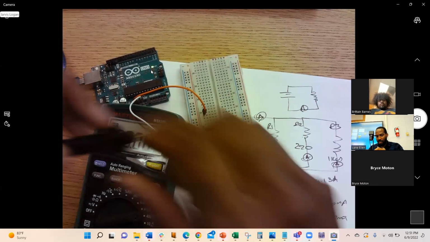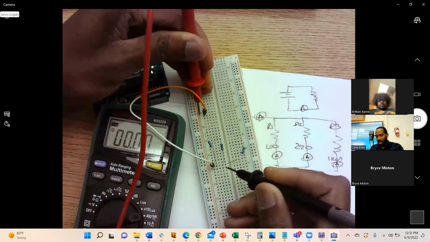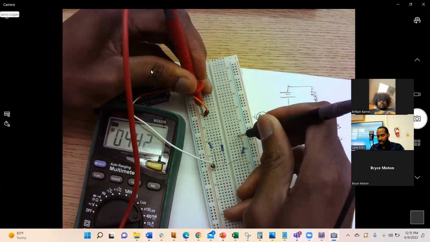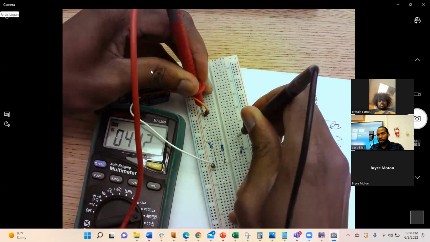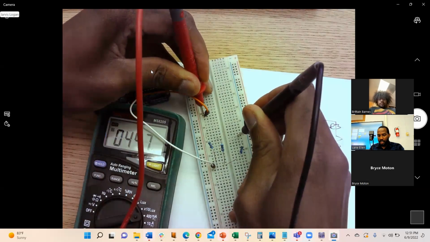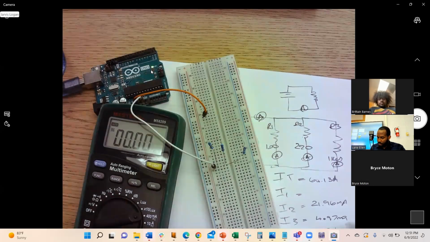And the last one, which is our I1, you will see we'll have the most current. So I1 has 44.3 milliamps. So the smallest resistor will draw the most current, 44.5 milliamps.